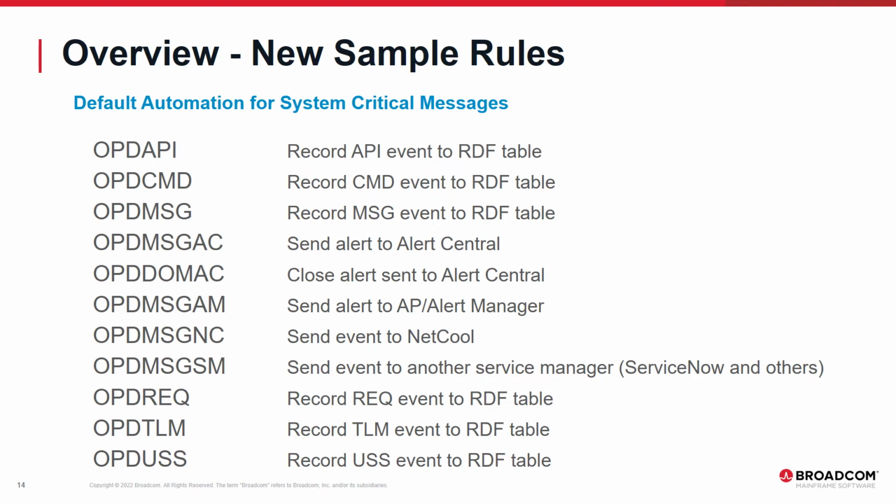The added benefit of integrating with AC is that you can send the request to close that alert. We also provide samples to send an alert to AP, Alert Manager, send an event to IBM's NetCool or other service managers such as ServiceNow.